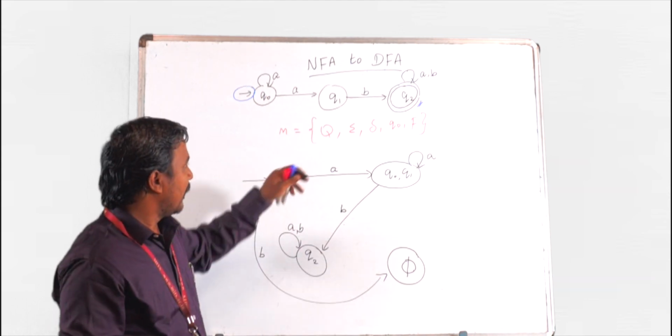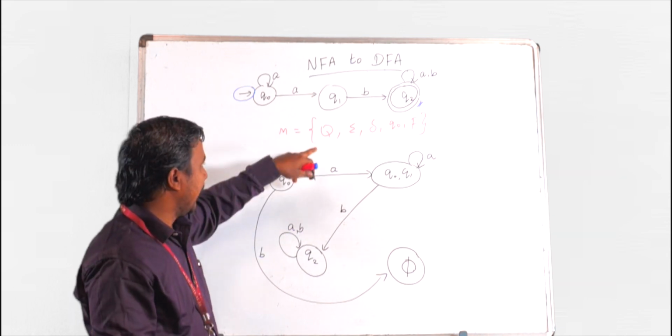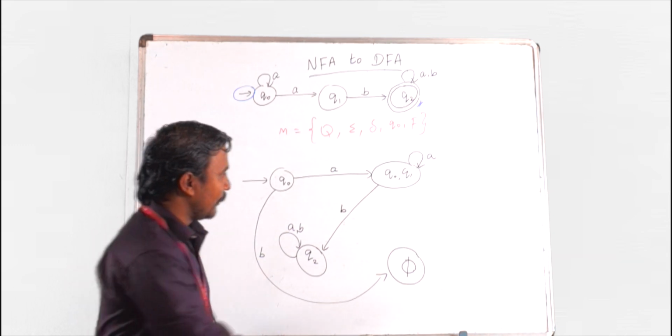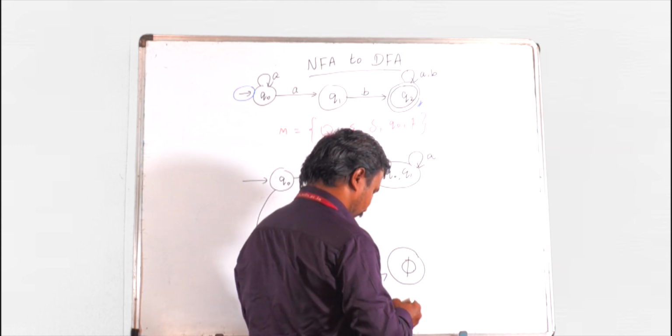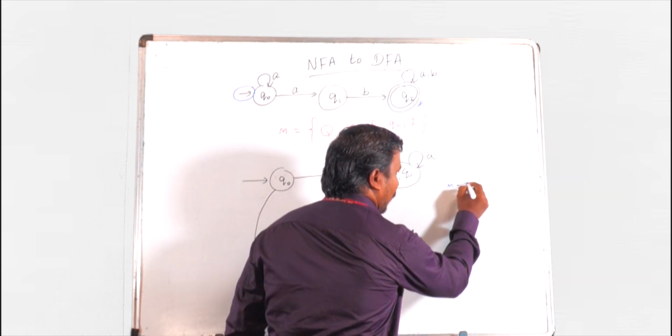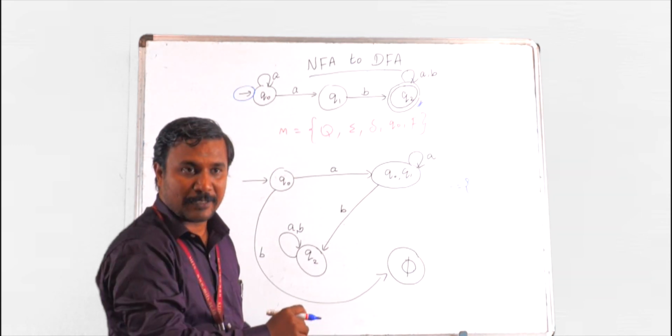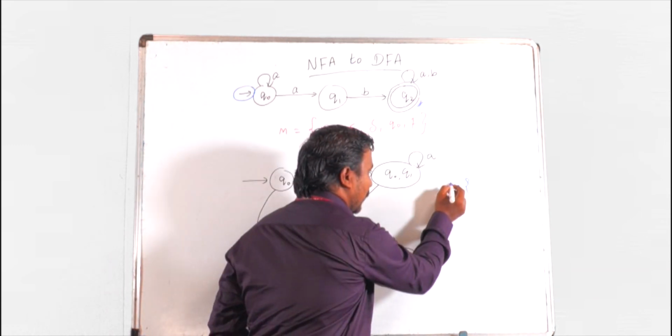And one more thing, as per the finite automata tuples, we can identify the set of tuples for M. So for M, we have 5 tuples. For Q, what will come here?